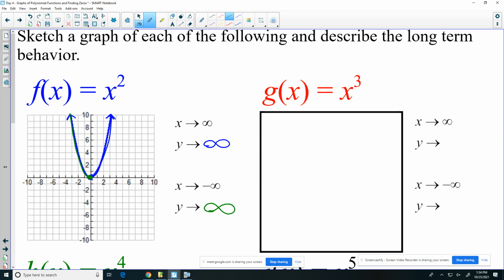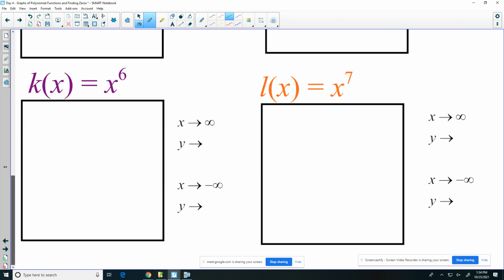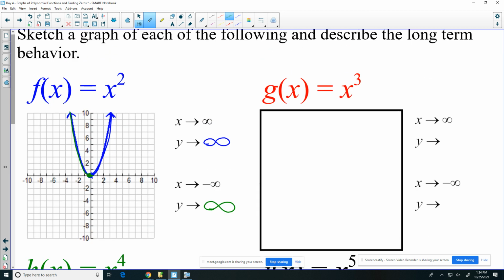Right now, I'm going to give you 4 minutes. That's it. To do the rest of these sketches. So you're going to sketch x to the 3rd, the 4th, the 5th, the 6th, and the 7th. We're not going to go to the 8th, I guess. Okay, so quickly get those sketched, please.